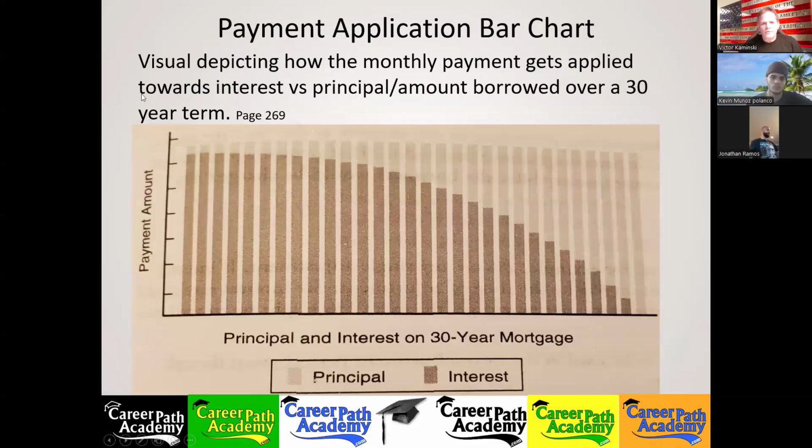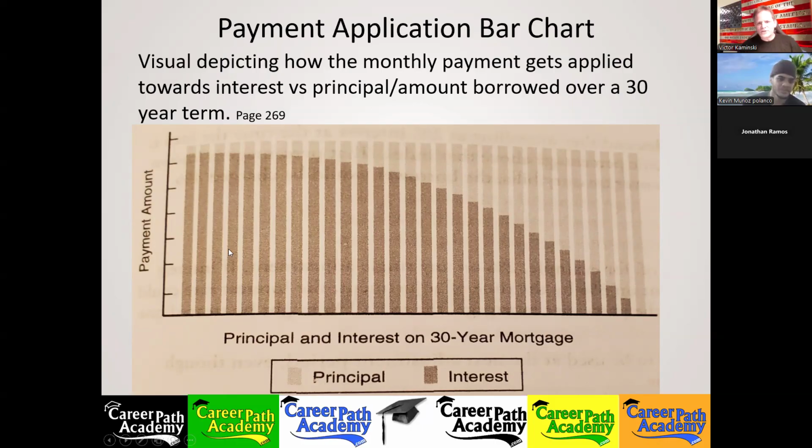So here's a graph that shows you each one of these bars represents 1 year in a 30-year mortgage. The dark color of a bar indicates your mortgage payment. In the first year, your mortgage payments get mostly applied towards the interest. And the light color at the tippy top of the bar is how much of your monthly mortgage payment gets applied towards the principal, the amount you borrowed, to pay down your debt.